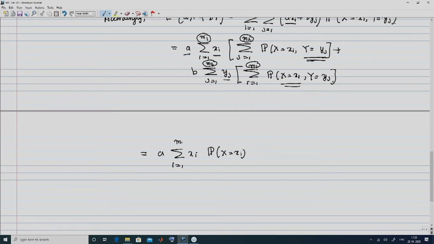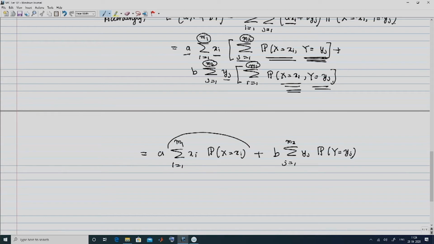Note that the summation only runs over j equal to 1 to m2, so I am only left with the probability of X equal to x_i. In a similar manner, the next term is b times the summation j equal to 1 to m2 of y_j, and here the summation runs from i equal to 1 to m1, so this adds up to 1, and I am only left with the probability of Y equal to y_j.